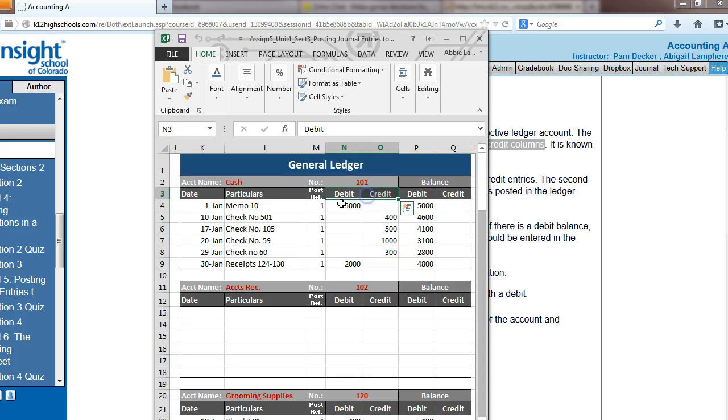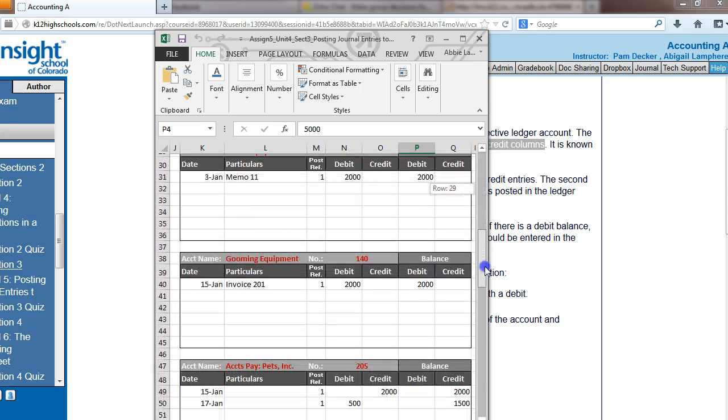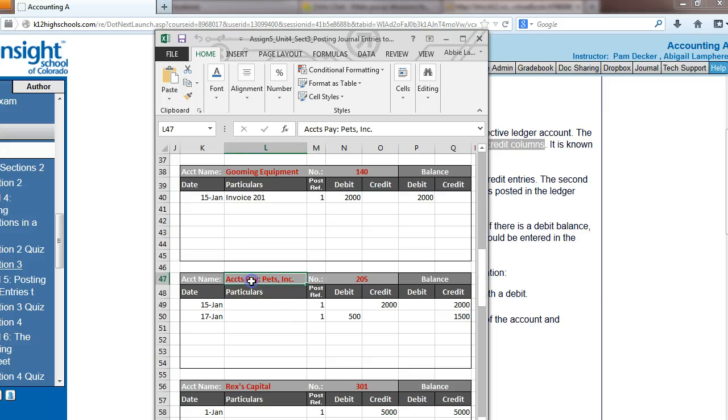We're going to have 2 columns for recording whether it was a debit or a credit for each transaction, and then these 2 debit and credit columns are the balance of our account. Since cash is an asset account and its balance is recorded on the debit side, you'll see that the balance is recorded in the debit column over here. Let me show you an example. Here's accounts payable.